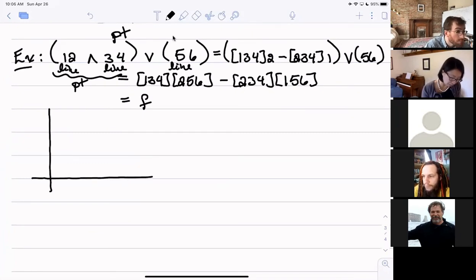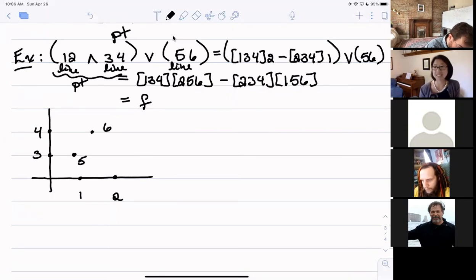So column 1 corresponds to 1, 0. And column 2 is 2, 0. Column 3 is 0, 1. Column 4 is 0, 2. Column 5 is the point 1, 1. Column 6 is the point 2, 2. And column 7 is the origin.